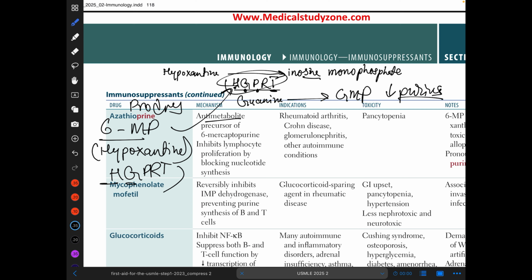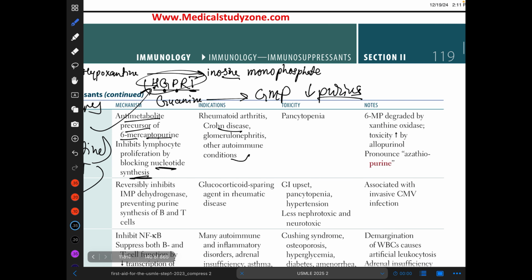So it is an antimetabolite precursor of 6-mercaptopurine that inhibits lymphocyte proliferation by blocking nucleotide synthesis, and it is used for rheumatoid arthritis, Crohn's disease, glomerulonephritis, and other autoimmune conditions. The main toxicity is pancytopenia.